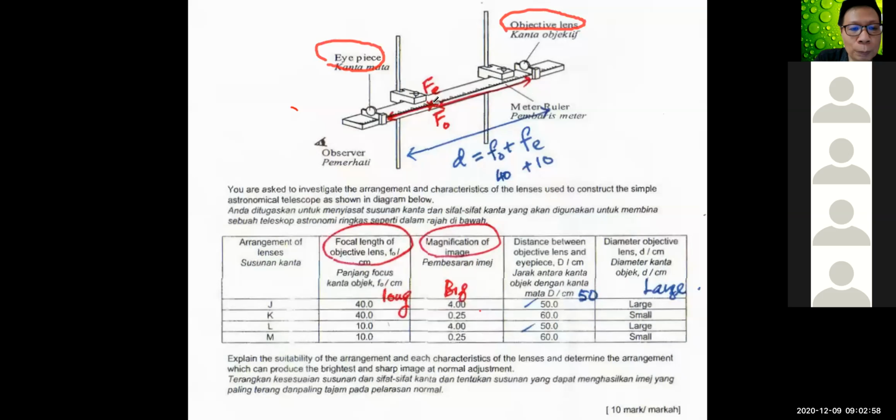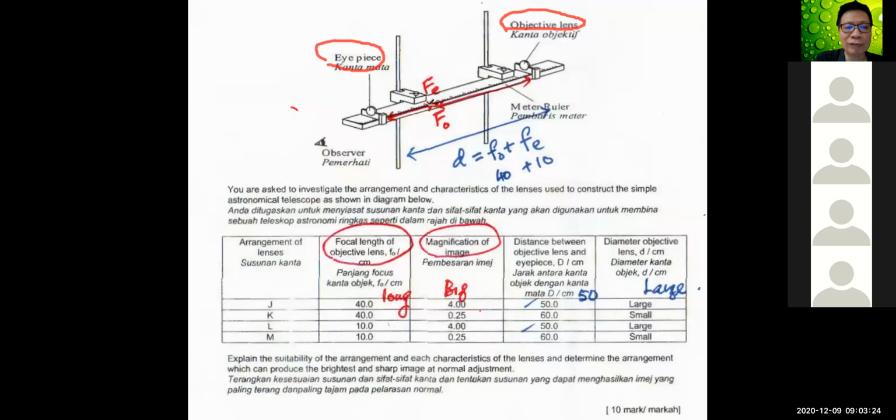And the 2 points FO and FE are at the same point, meaning they meet up here for a telescope. For a microscope, there's a gap where they don't meet up. Yesterday we discussed the microscope, isn't it?